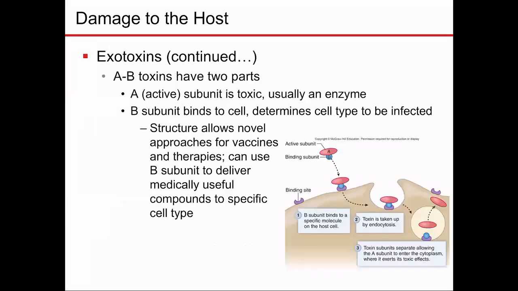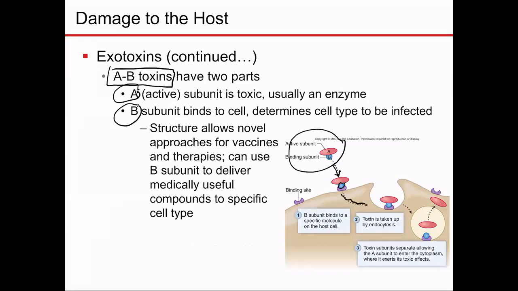Let's take a look now at different types of exotoxins. The first one that I'm introducing to you here is the AB type exotoxins. That is a subunit A and a subunit B. You have the two subunits arriving to the target cell in which this toxin can do harm. The subunit B is the part that binds to a receptor on the surface of that cell.